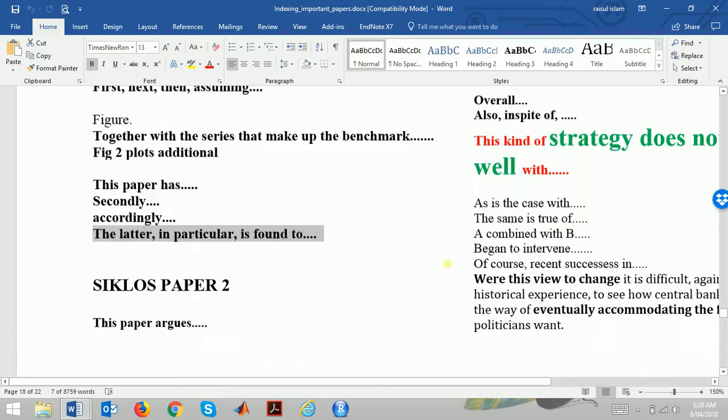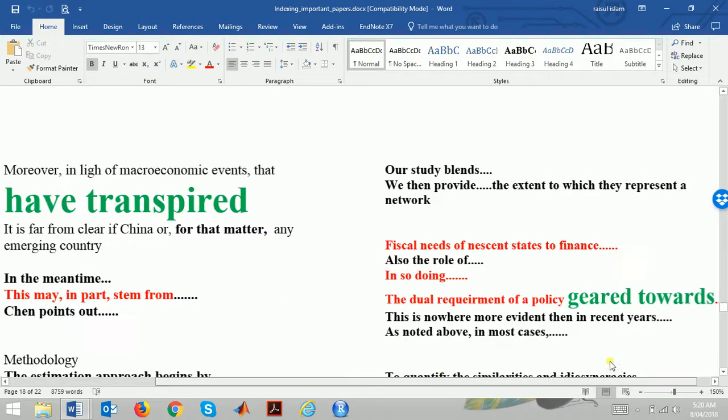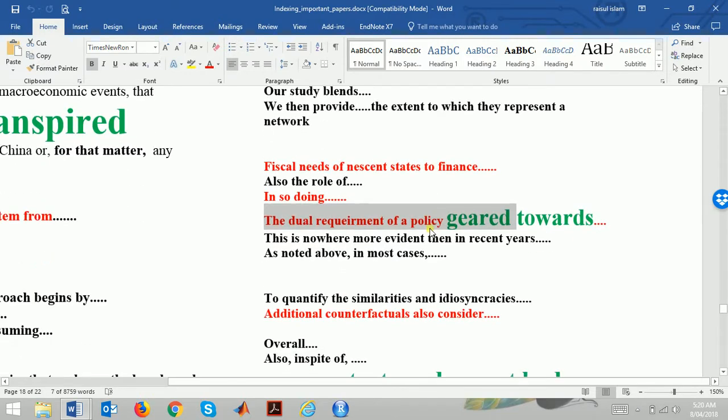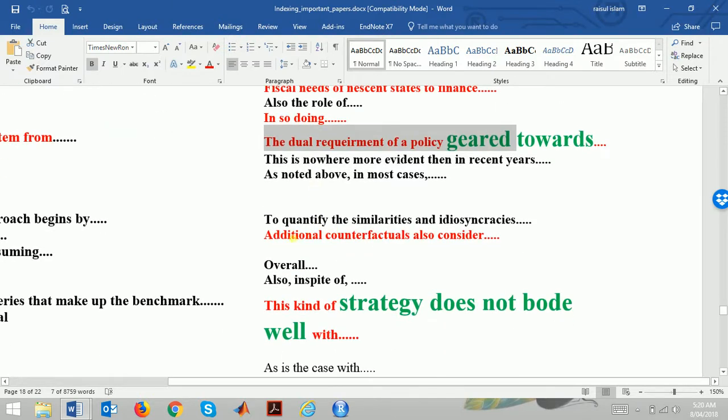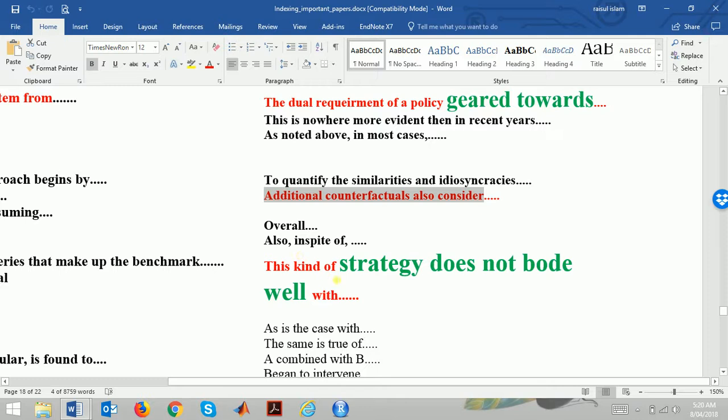This paper argues, our study blends, we then provide the extent to which they represent a network, fiscal needs of nascent states to finance, also the role of, in so doing, the dual requirement of policy geared towards, this is nowhere more evident than in recent years, to quantify the similarities and idiosyncrasies. Additional counterfactuals also considered.